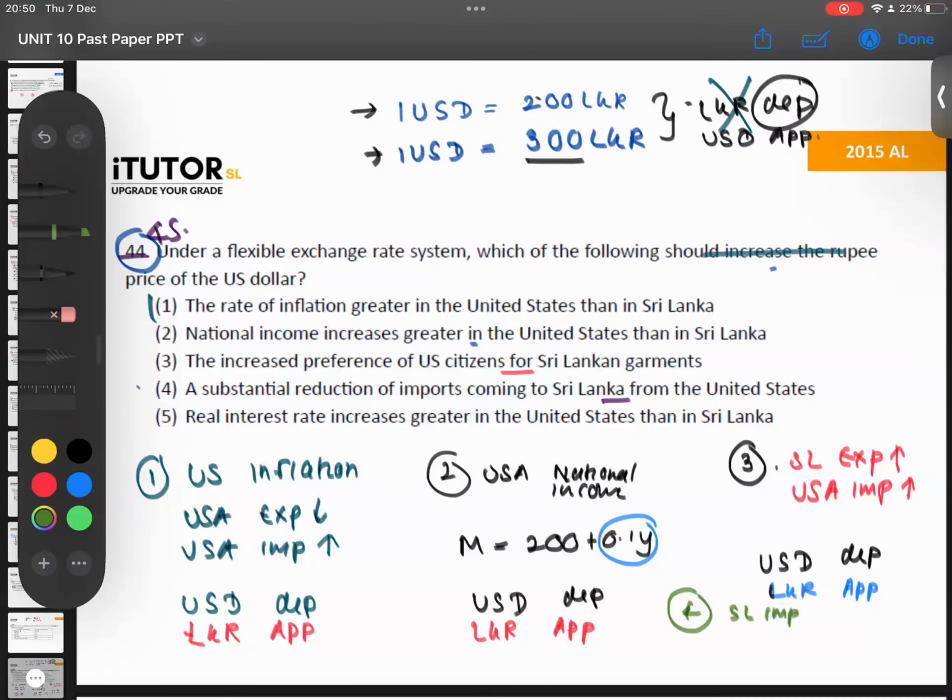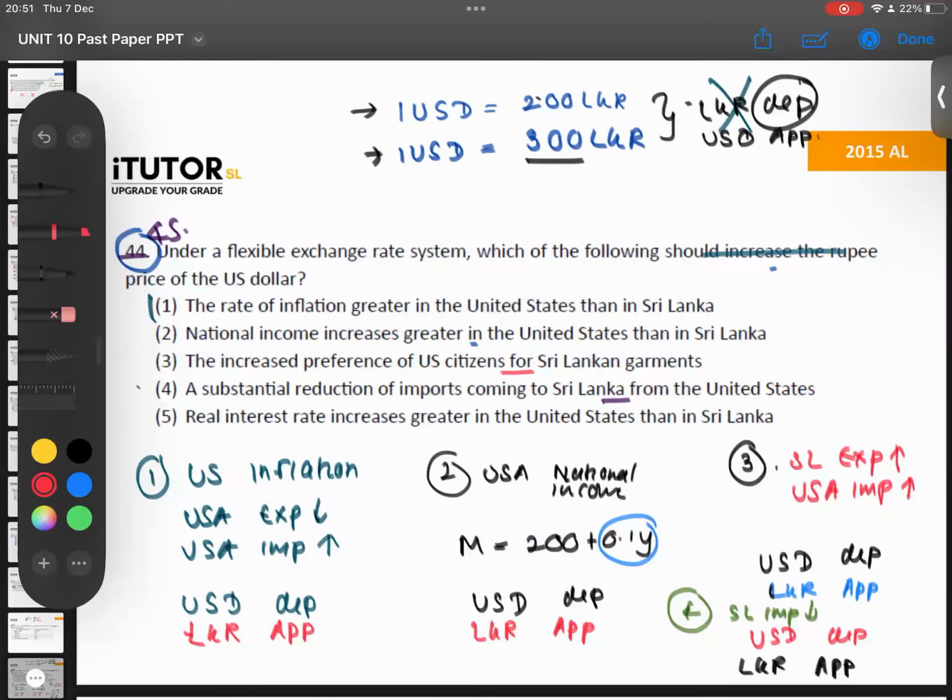If Sri Lanka's imports have come down, the Sri Lankan rupee will appreciate, because we are not importing. What will happen to the US dollar? The US dollar will depreciate. So answers 1, 2, 3, 4, all of them talk about LKR appreciating and the US dollar depreciating.